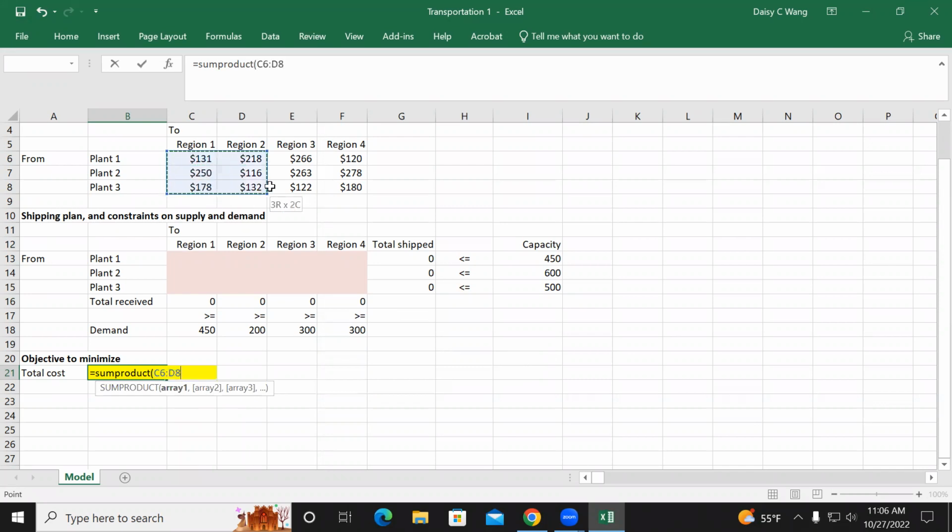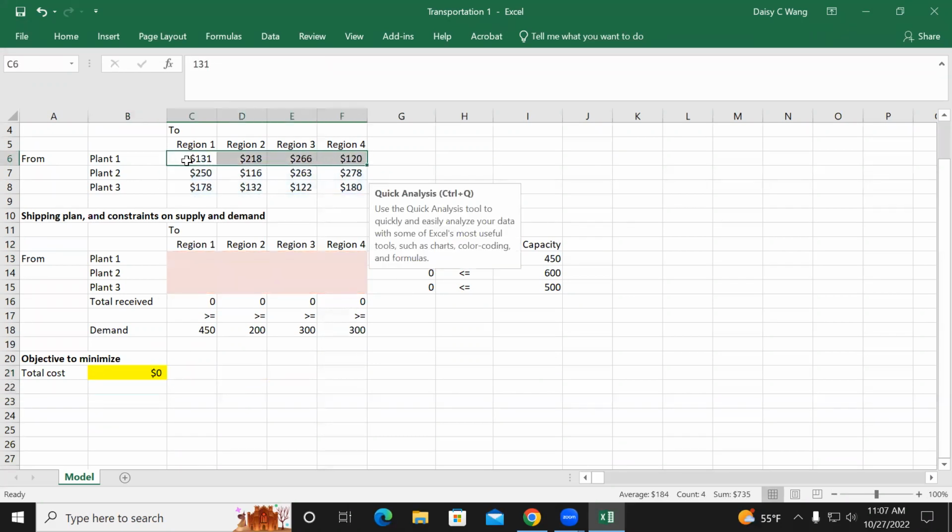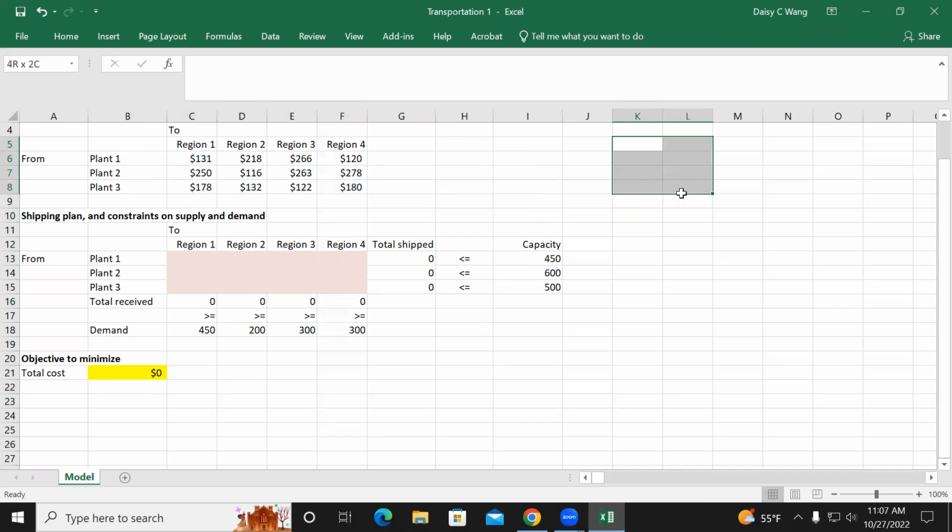So select the region. When you do sumproduct, you need to make sure the ranges always have the same layout. Even though sometimes we have 4 times 3, you cannot put the other as 3 times 4.